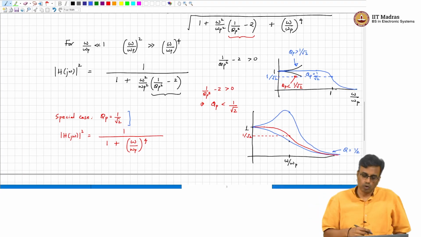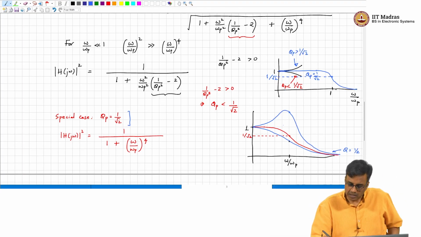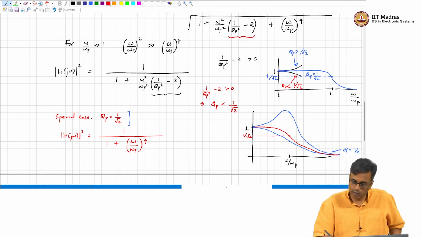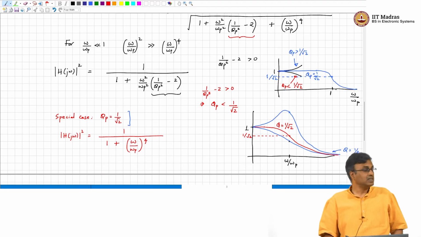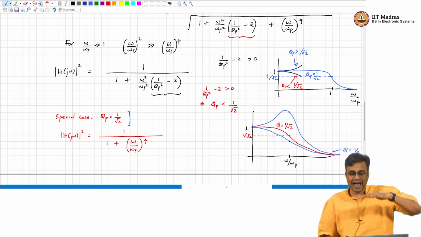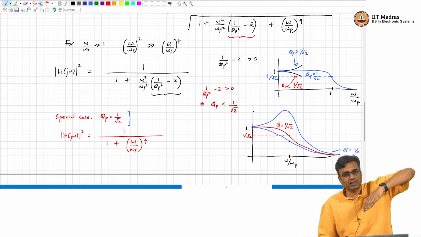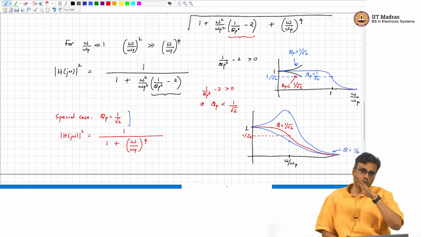Okay. So, this special case, namely q equal to 1 by root 2, results in a response that is as flat as possible at DC, right? Choosing any other q will either make the response droop like this or peak up like that.